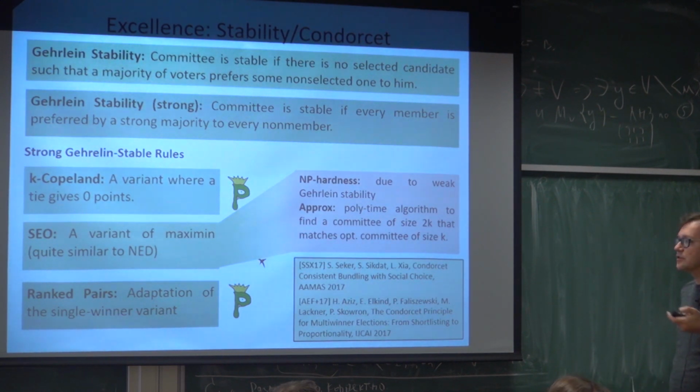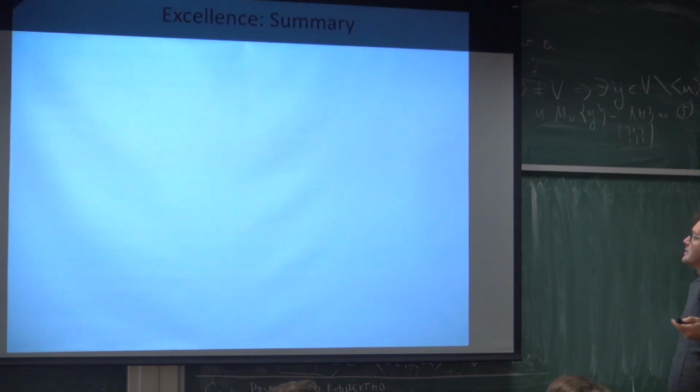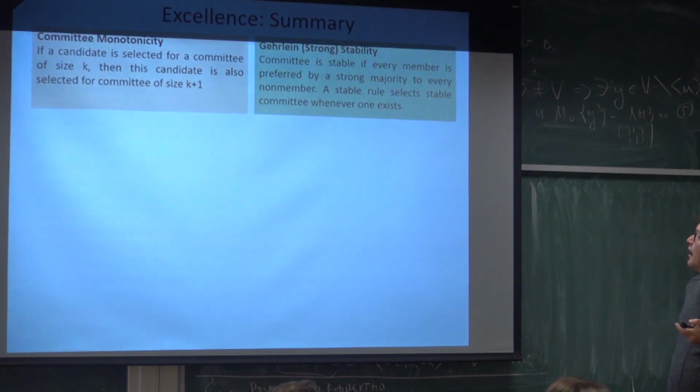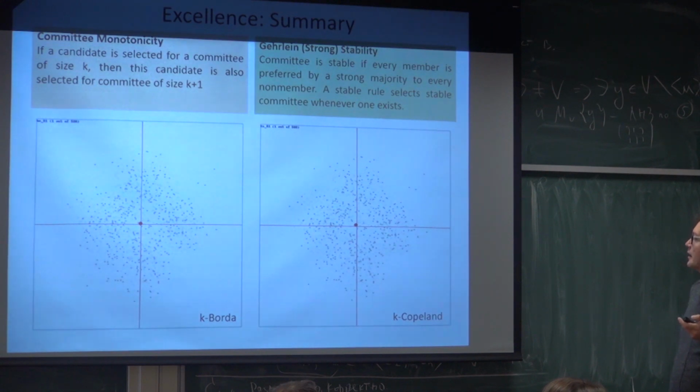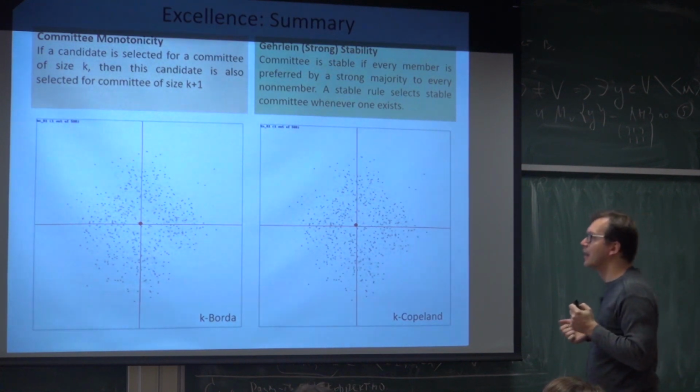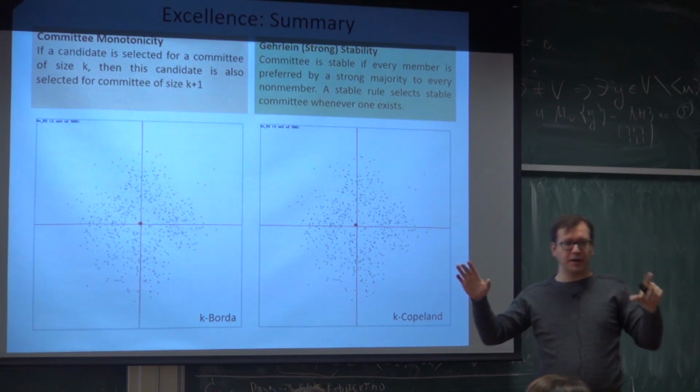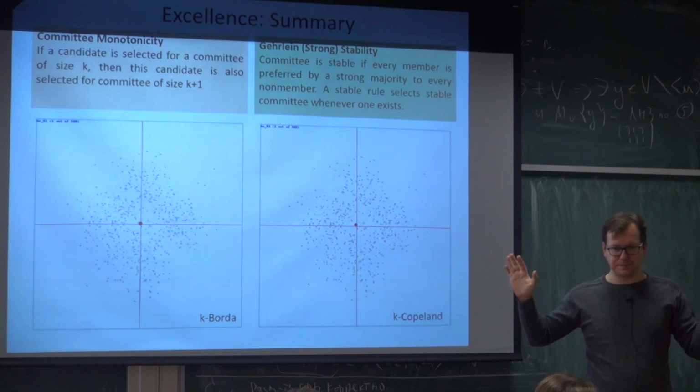But somehow it's not clear why. And actually, I want to say something else. So k-Borda and k-Copeland are very different rules.